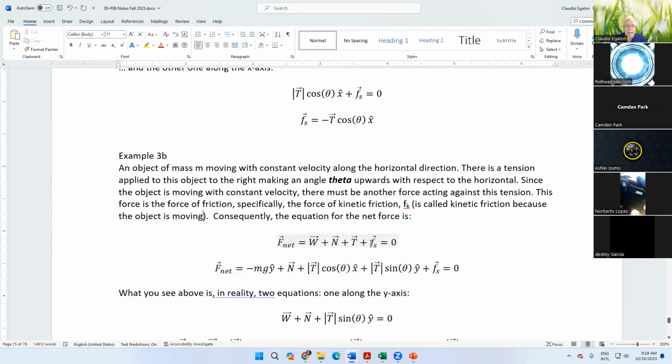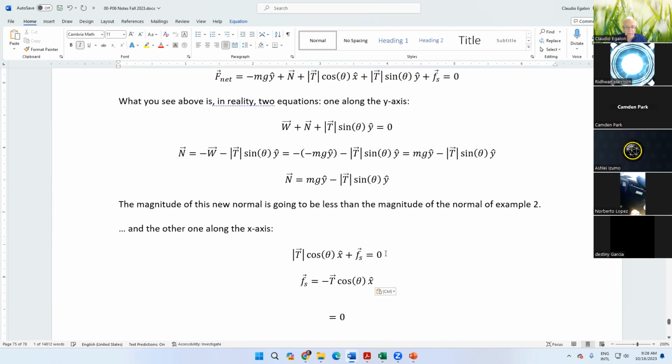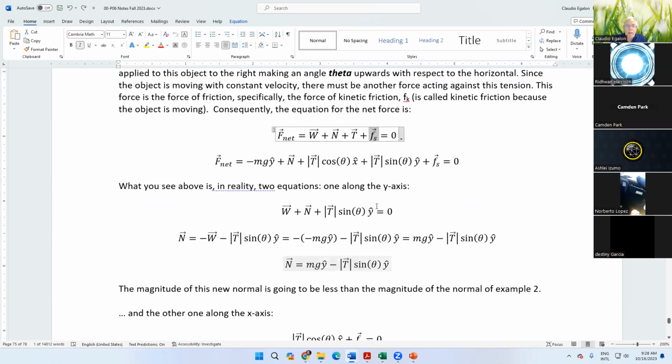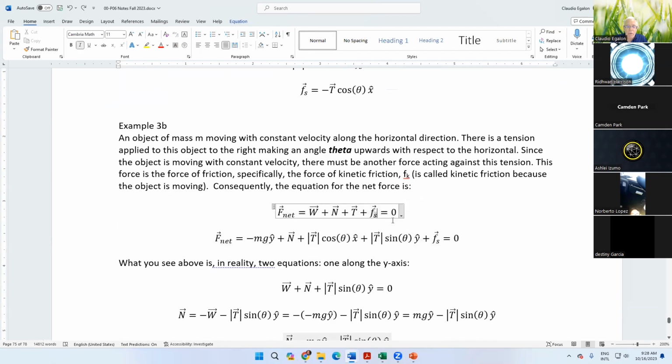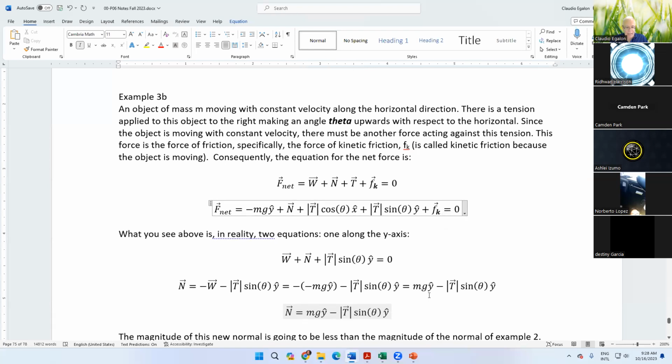Consequently, the equation... I'm going to emphasize only the K, okay?